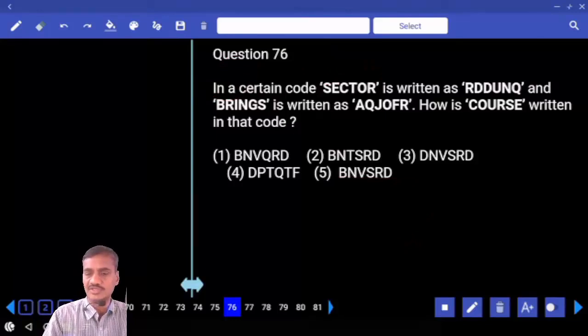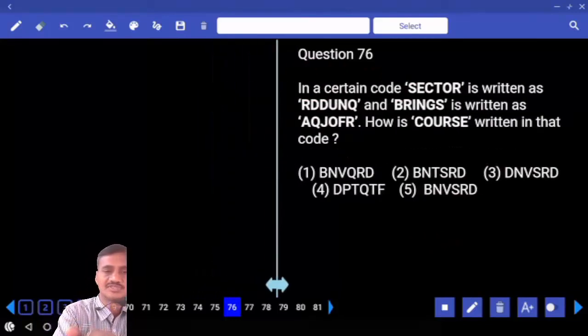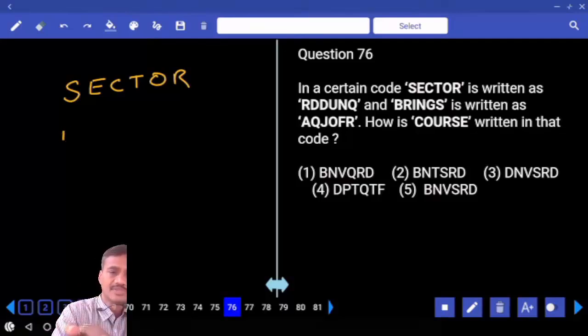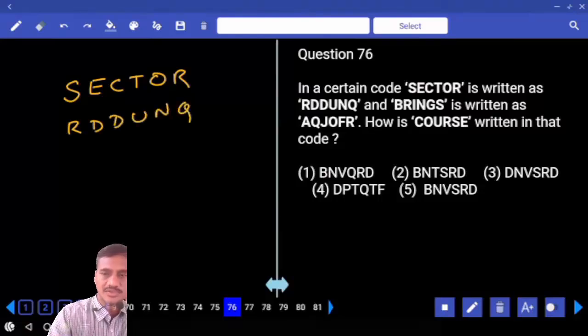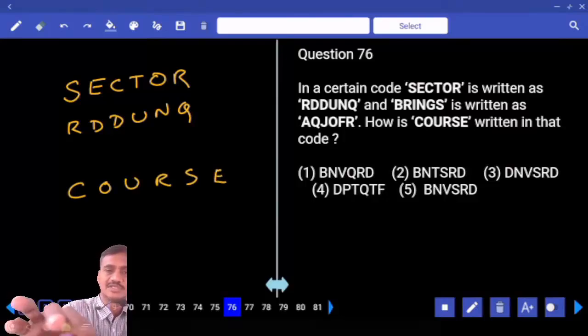Then in this one 76, now what is the word we have? Sector. Now sector is coded as RDDUNQ. Now in this, how is course written? Now what is the difference between S and R?